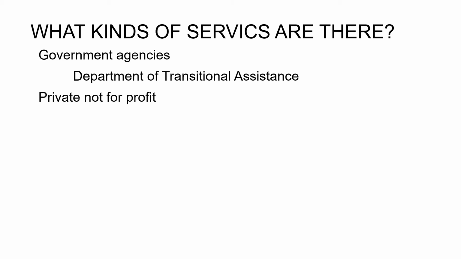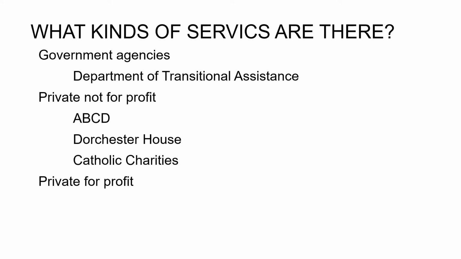Then there are the private not-for-profit organizations. You may have heard of many of these: ABCD, Dorchester House, Catholic Charities. There are many of them. There are also private for-profit organizations, such as a number of the drug treatment centers that have come up.